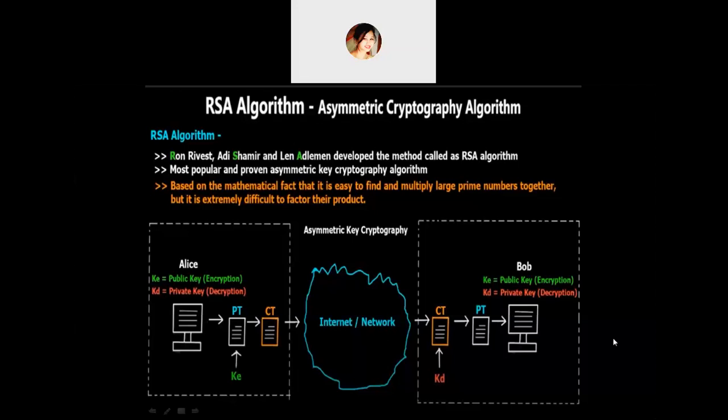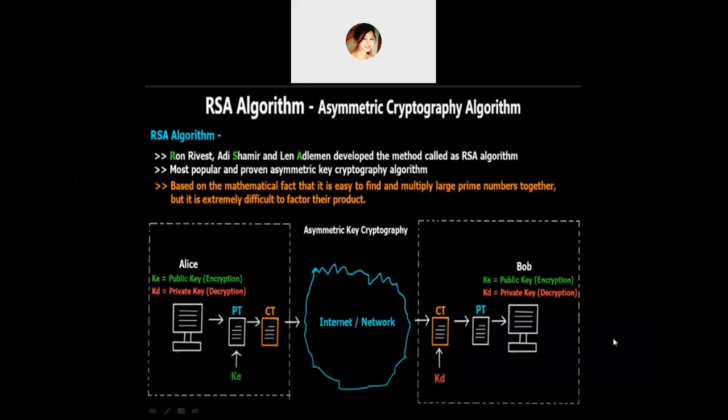The public key used for encryption is available to everyone, but the private key is not disclosed. The private key is only known to the owner. This encryption method is used in everyday communication over the internet.